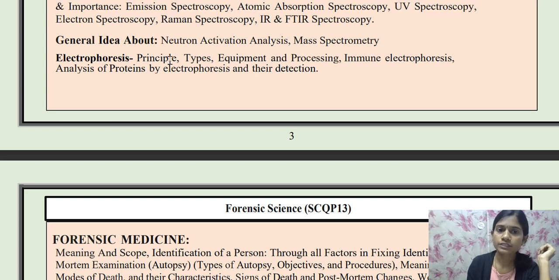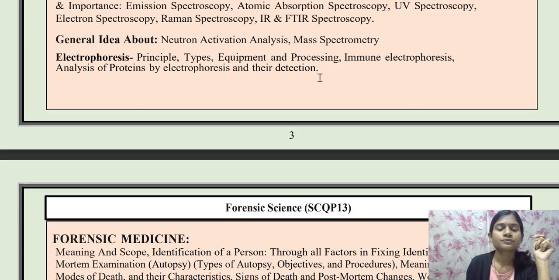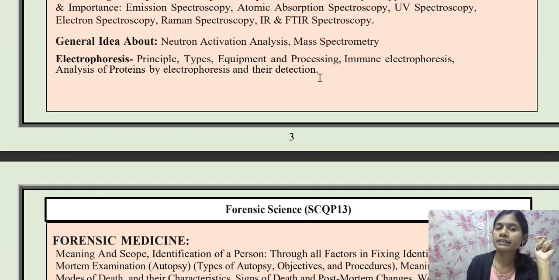So electrophoresis: its principle, types, equipment and processing, especially immunoelectrophoresis, and analysis of proteins by electrophoresis and their detection. In electrophoresis, we mainly separate the components based on the charge and the size of the component. For example, if we add proteins into the electrophoretic chamber, they will separate based on the charge and also the size of the protein molecule.